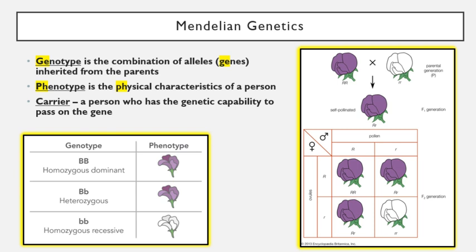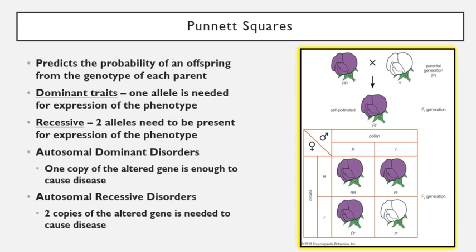However, if you cross uppercase R, lowercase r with uppercase R, lowercase r, you get a different probability of different offspring: 25% will be homozygous dominant, 25% will be homozygous recessive, while 50% will be heterozygous. Does that make sense? So just make sure you know how to do that.